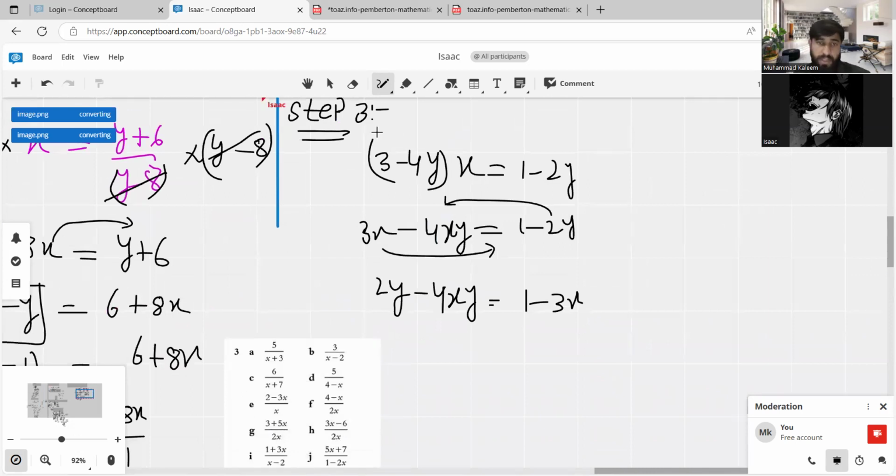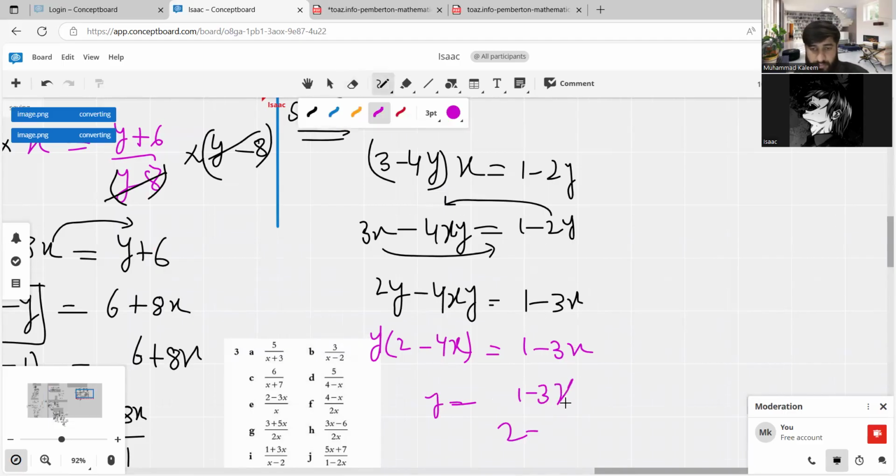Then y will be taken as a common. So y times 2 minus 4x is equal to 1 minus 3x. Then y is equal to 1 minus 3x over 2 minus 4x. This is the answer.